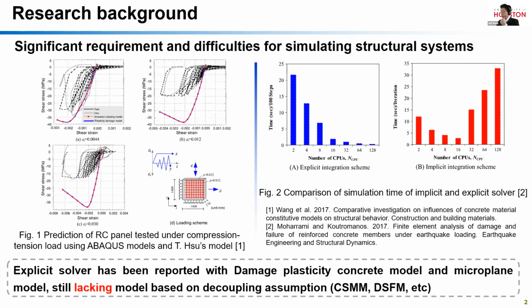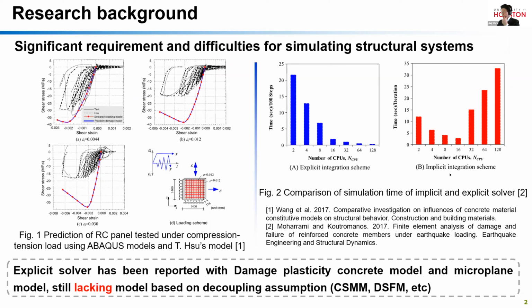In addition, figure 2 shows the computation time versus the number of CPUs used for both the explicit solver and the implicit solver. As shown in figure 2, the explicit solver can notably reduce the computation time when the CPUs increase from 2 to 128.